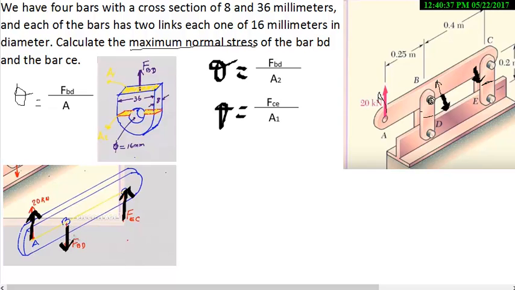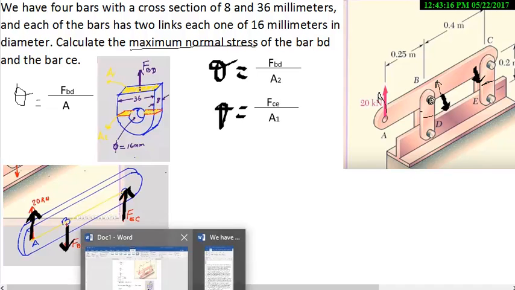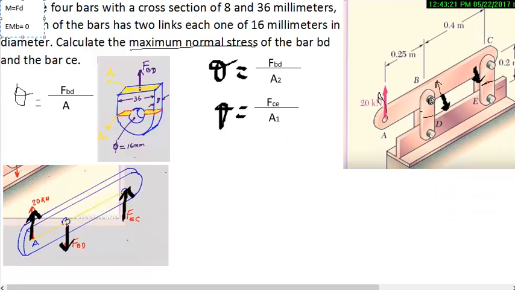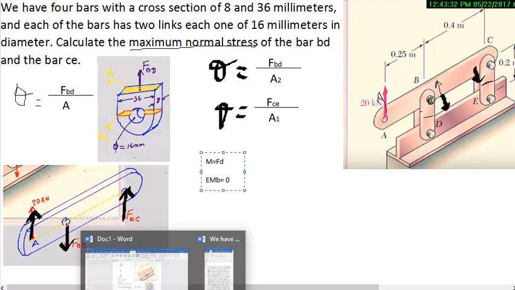Now, having this diagram, we can calculate the equation to find out the force. How to calculate the force? It's simple. We just have to make a summation of moments. We have the dimensions, which would be 0.24 meters and 0.4 meters.